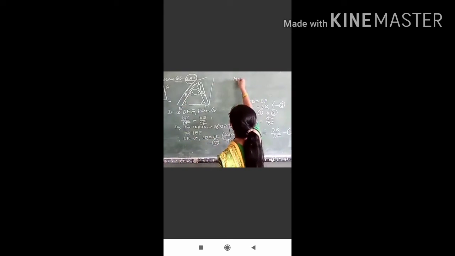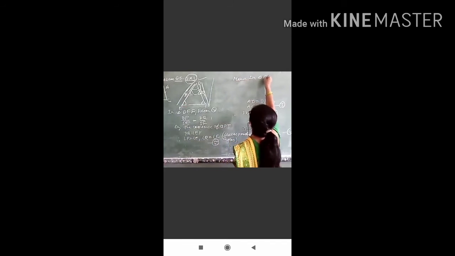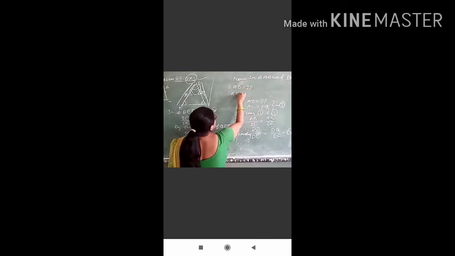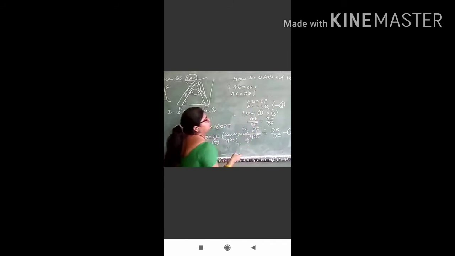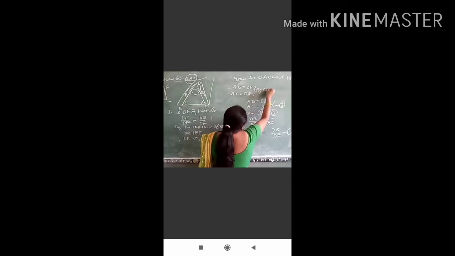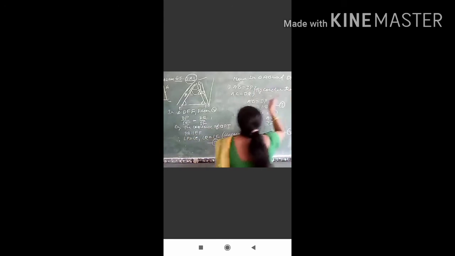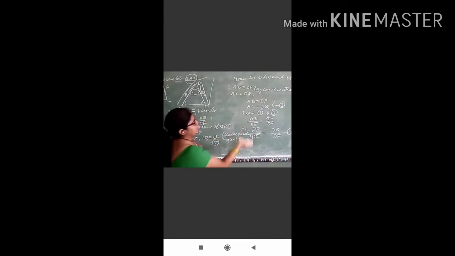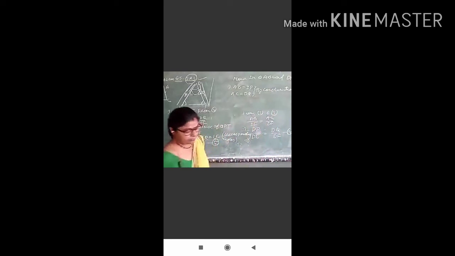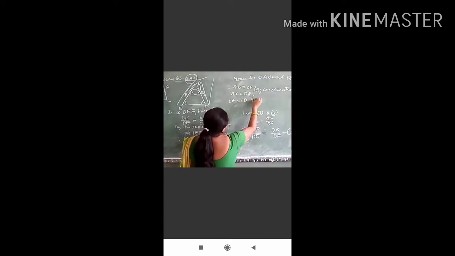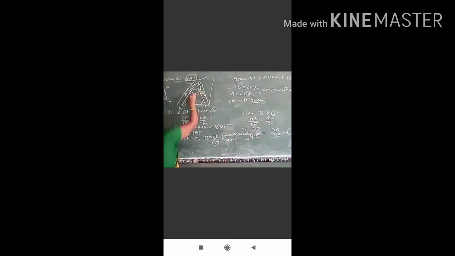Now in triangles ABC and DPQ, what do we have? AB is equal to DP, AC is equal to DQ by the construction. And what is one more condition? Angle A is equal to angle D, given in these two triangles.